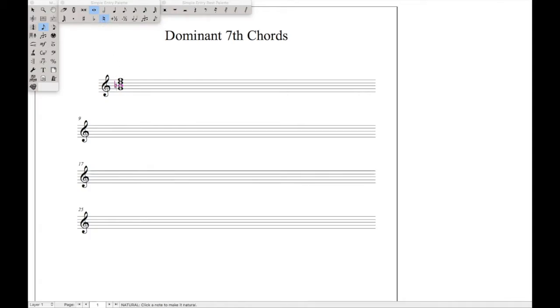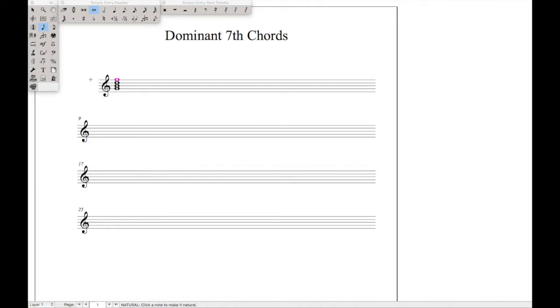So I'm going to go ahead and make that B flat back into a B natural, and now I'm back to having a major triad, which with this kind of seventh makes it dominant. And the kind of seventh I have here, if we think about when we learned intervals, is from G, the root note, to F, the seventh, is a minor seventh.